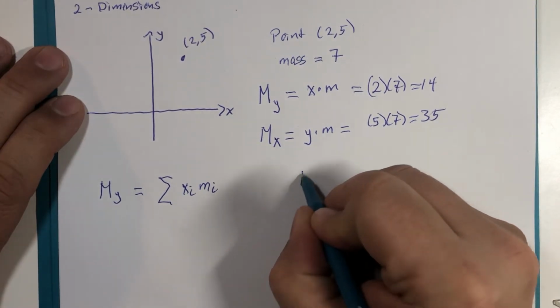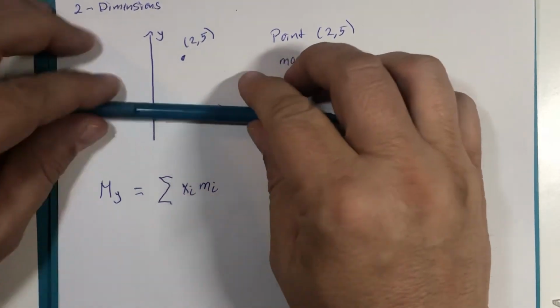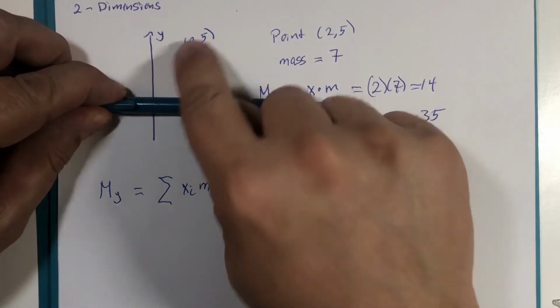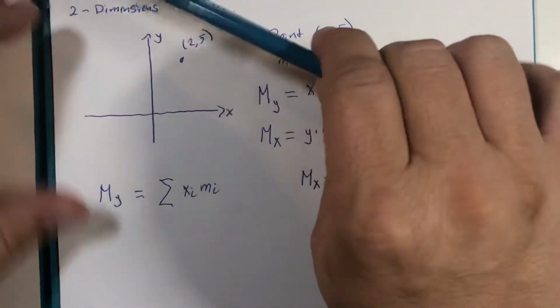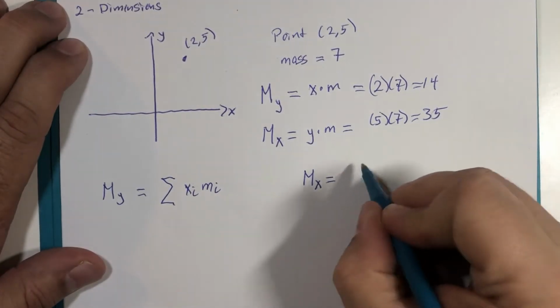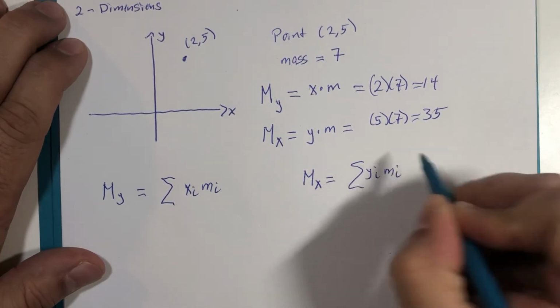And if we're looking at the x-axis as the line of rotation, then the y values above or below will tell you if you're above or below where your center of mass will be eventually. So we'll sum up all the y values multiplied by their masses.